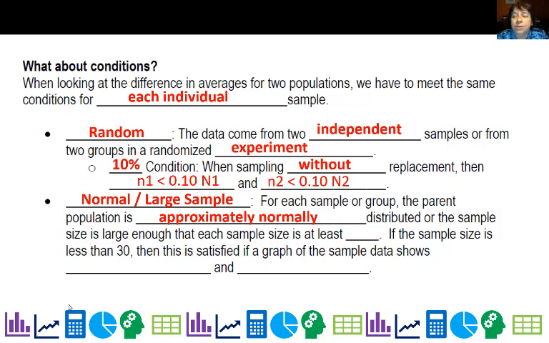Or the sample size is large enough, at least 30, so that the averages are normal, even if the parent is not normally distributed. If it's less than 30, and we're not sure if the parent population is normally distributed, we can graph the sample data. As long as there is no strong skew or no outliers, both have to be satisfied, then we can say, okay, we're fine.